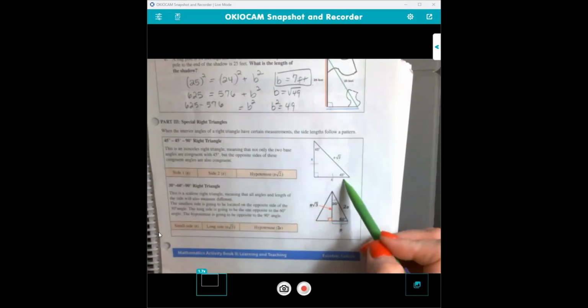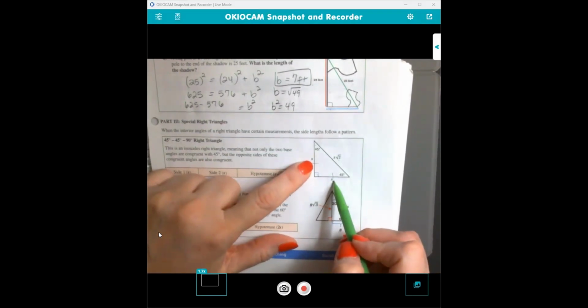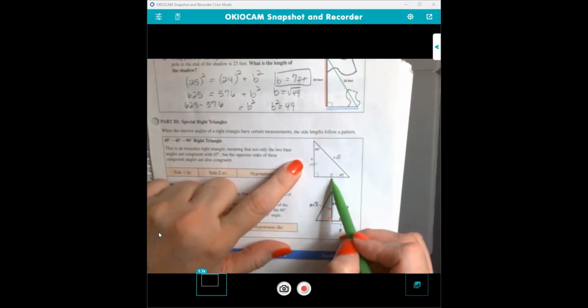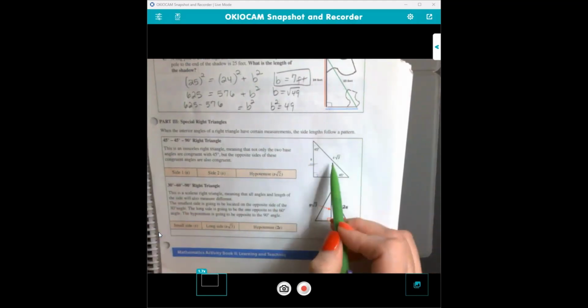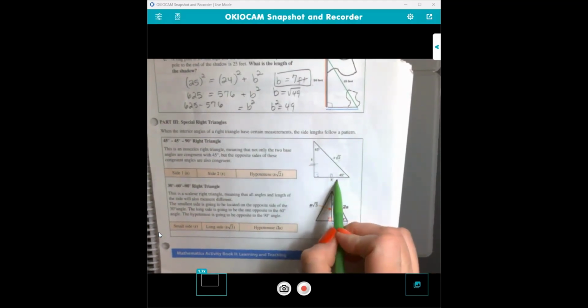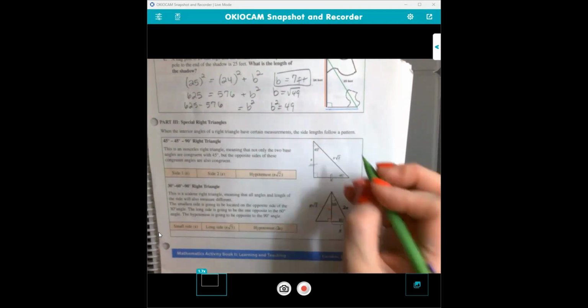And for these, you're going to need the measurement of the sides or the measurement of the angle. So this one is saying that this is 45, 45, and 90. That means this is an isosceles triangle, see? Because the sides opposite the congruent angles are congruent. If you square S and you square S, you're going to get 2S squared, right?